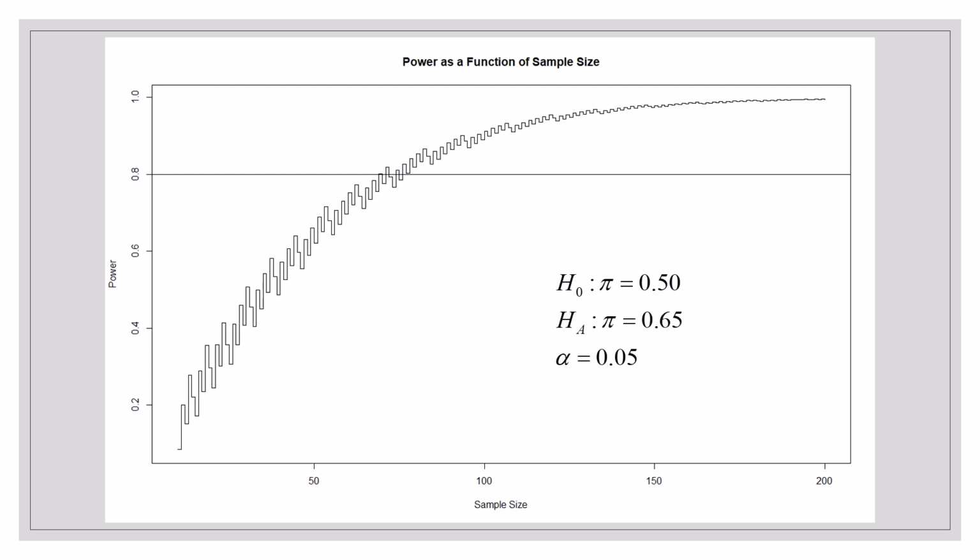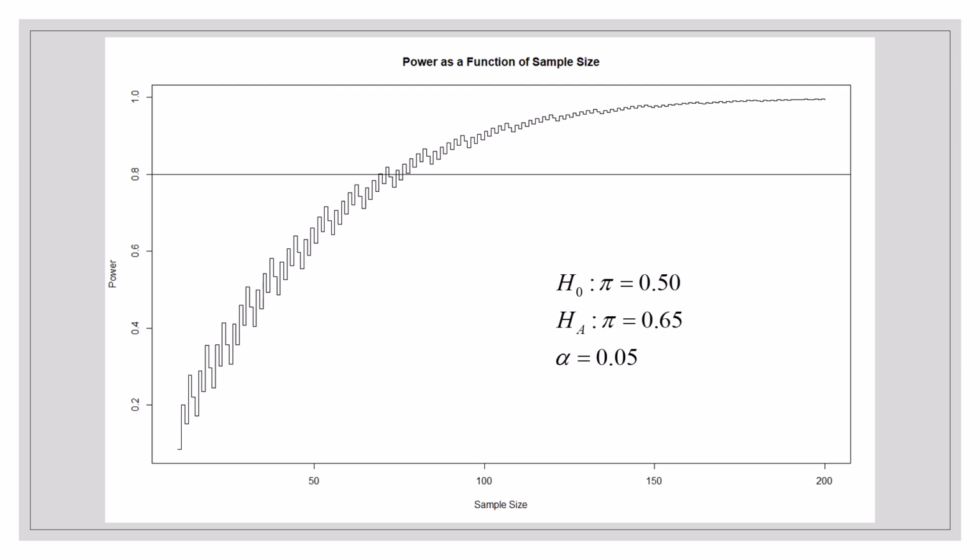Remember, in that video, we only had 15 participants, thus we ended up with a power of 17%. And you can see that here on this graph. You can also see the discrete nature of our data as the power jumps up and down in discrete steps. But as we get larger and larger sample sizes, the power becomes more and more like a continuous function.